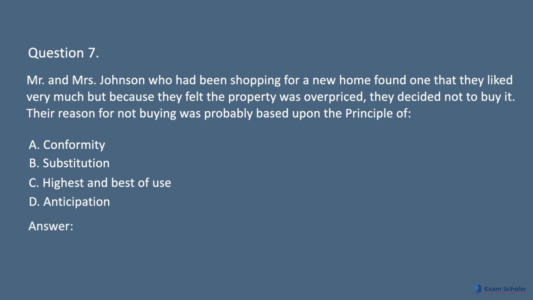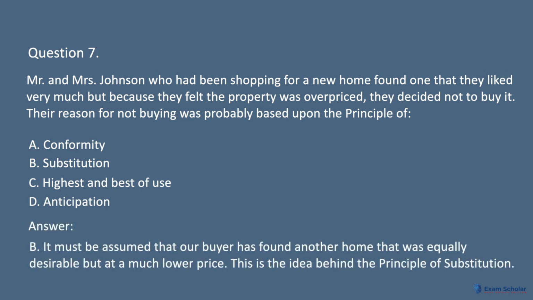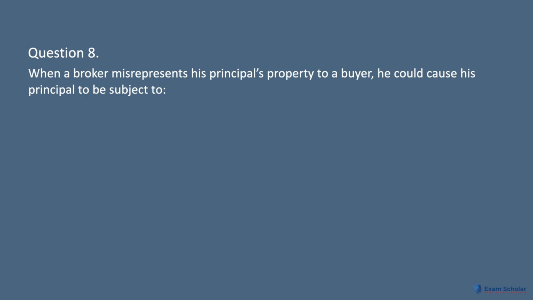Answer: B. It must be assumed that our buyer has found another home that was equally desirable but at a much lower price. This is the idea behind the principle of substitution. Question 8. When a broker misrepresents his principal's property to a buyer, he could cause his principal to be subject to A. A court action for damages by the buyer.